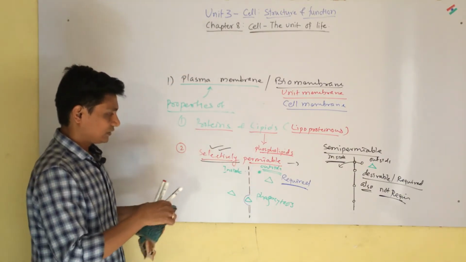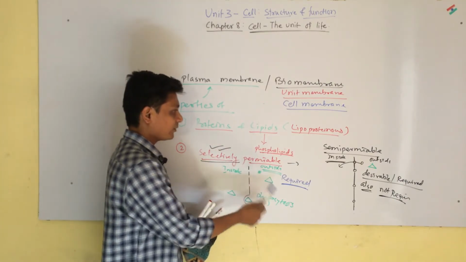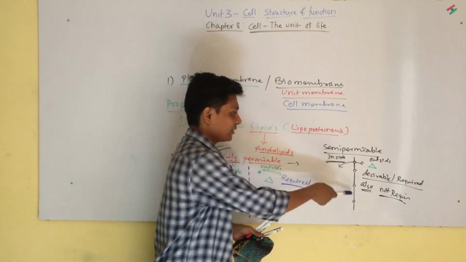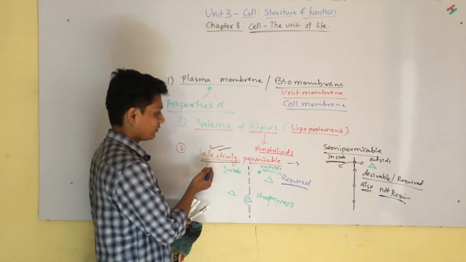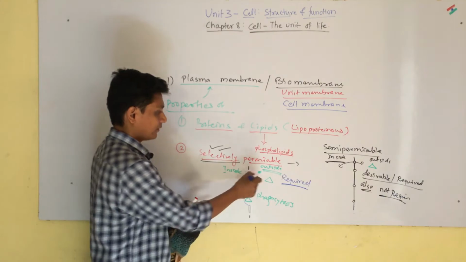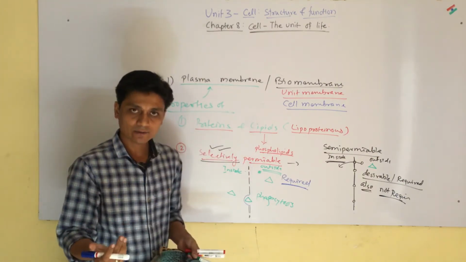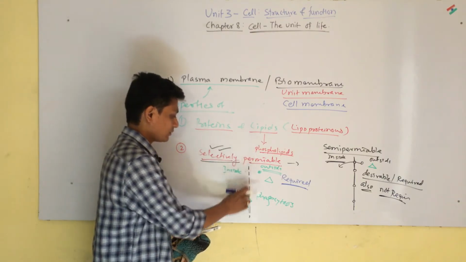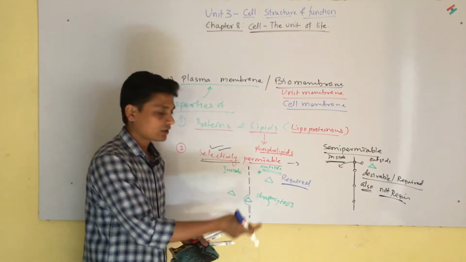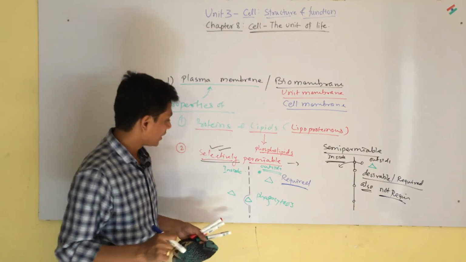Okay, so this is the difference between selectively permeable and semi permeable. In selectively permeable, the particles which are not required, even if they are less than the aperture size, the membrane does not allow to come inside.